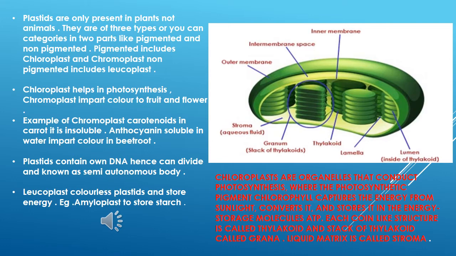Each coin-like structure is called thylakoid, where chlorophyll is stored, and the group of thylakoids is called grana. Around the grana, there is a liquid material, and that liquid is called matrix or stroma.